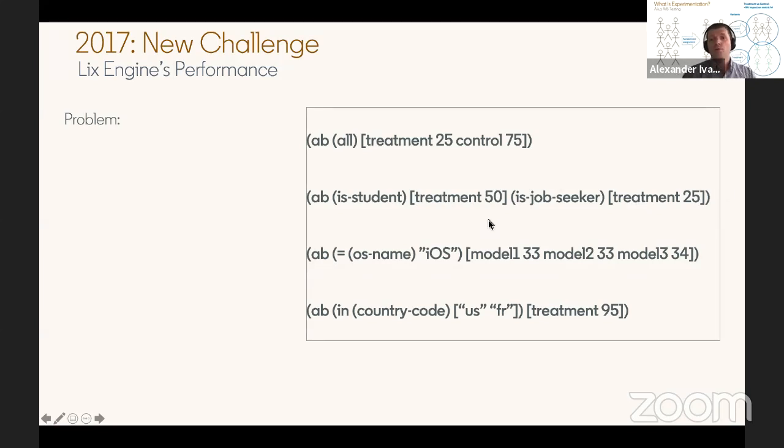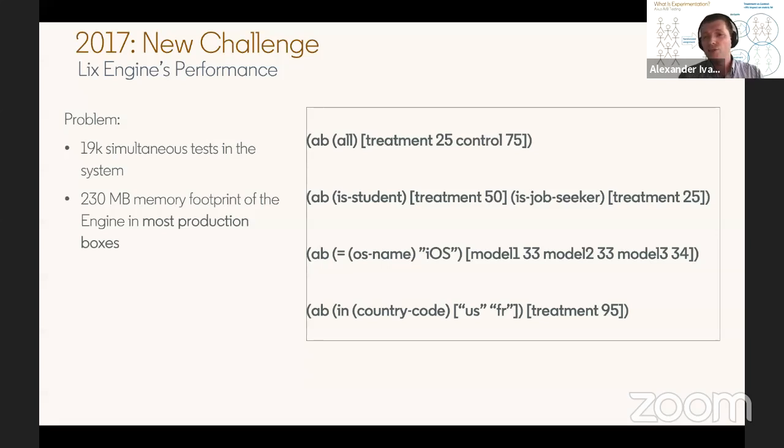So, going back to the topic of the scalability of the experimentation engine. At that point in time, we had around 19,000 test entries running in the system concurrently. And each instance of the experimentation client, basically on every service box, was occupying around 230 megabytes.